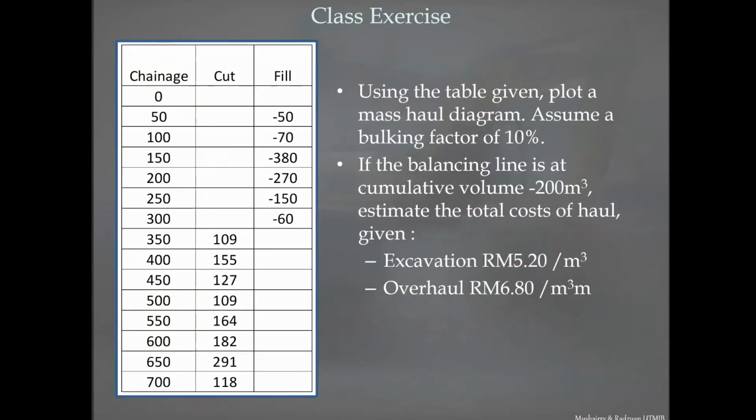Okay, let's do one example here. I've got a table on the left of the screen, the chainage running from 0 right down to 700, so a 700 meter stretch, whereby we know that between 0 to 50 is a fill of 50 meter cube, 50 to 100 a fill of 70, 380, and so on till we get to chainage between 300 and 350 is a cut, and it's a cut all the way down till we get to the last chainage, which is chainage 700.